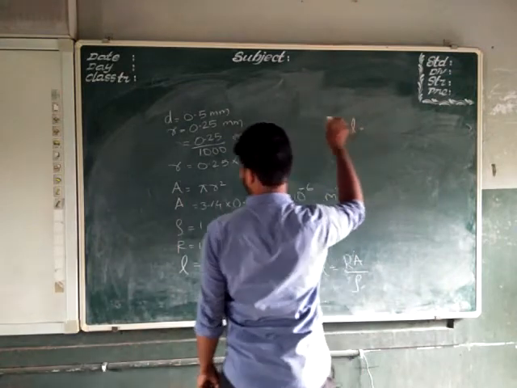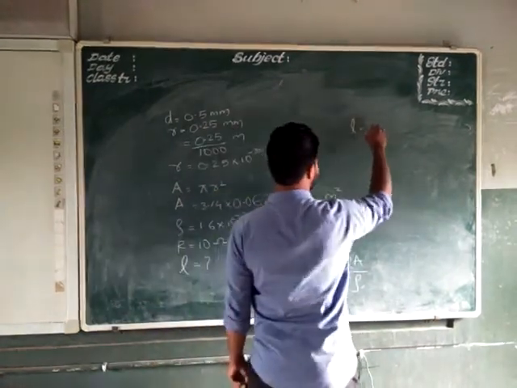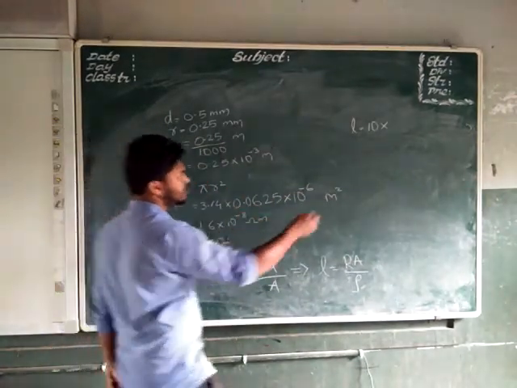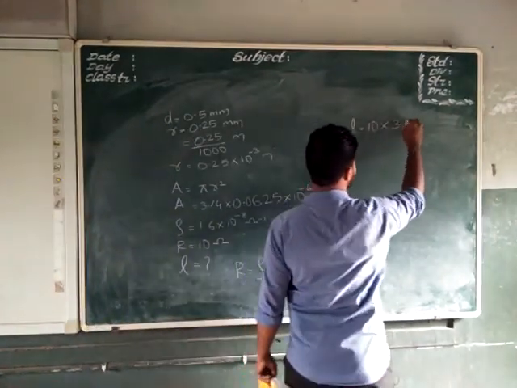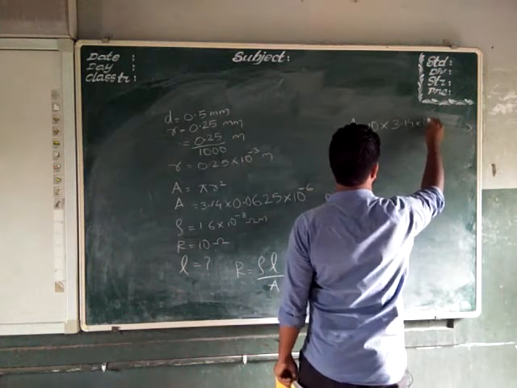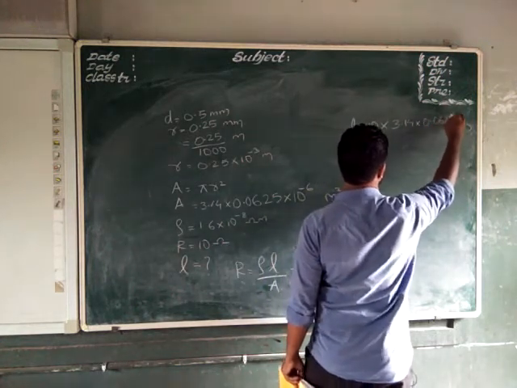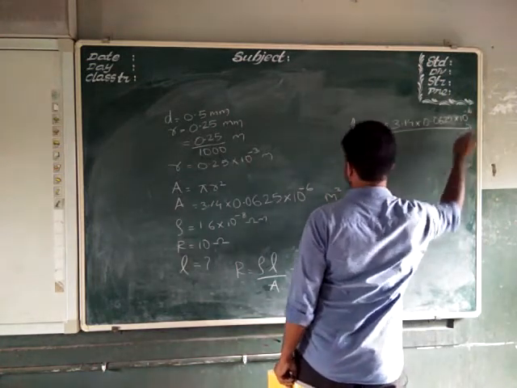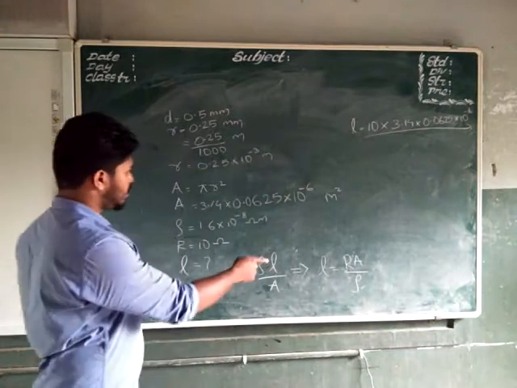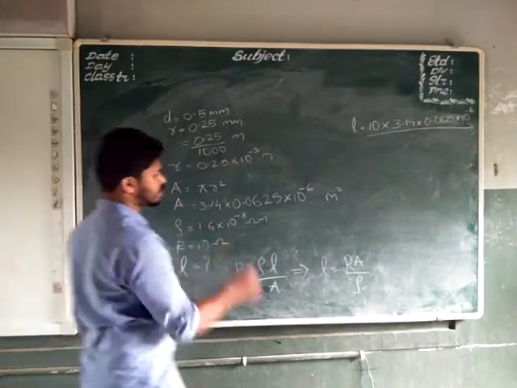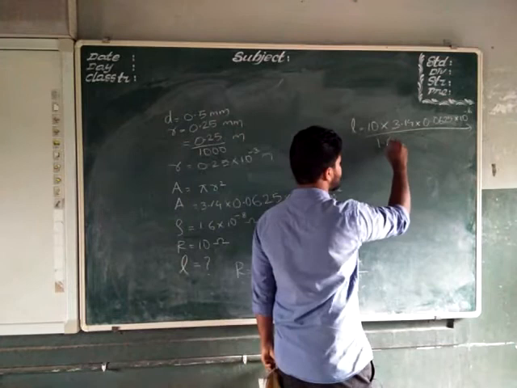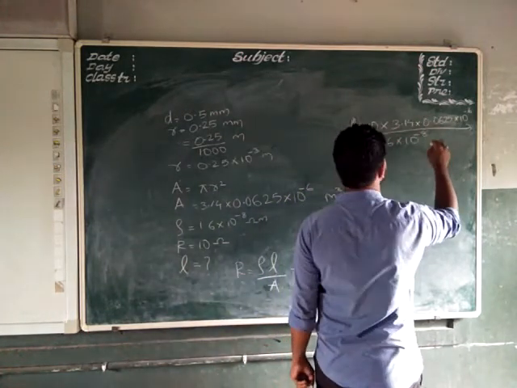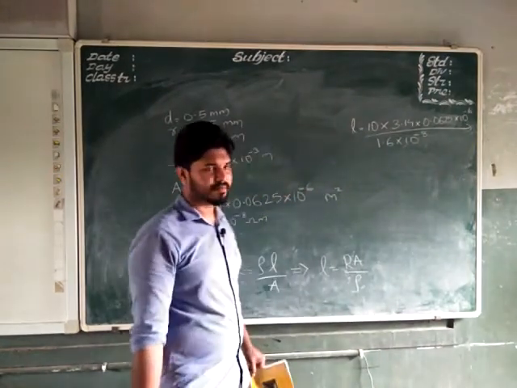L equal to R equal to 10 into area here 3.14 into 0.0625 into 10 raised to minus 6 divided by rho, where is resistivity? Yes, 1.6 into 10 raised to minus 8 ohm. Okay, fine.